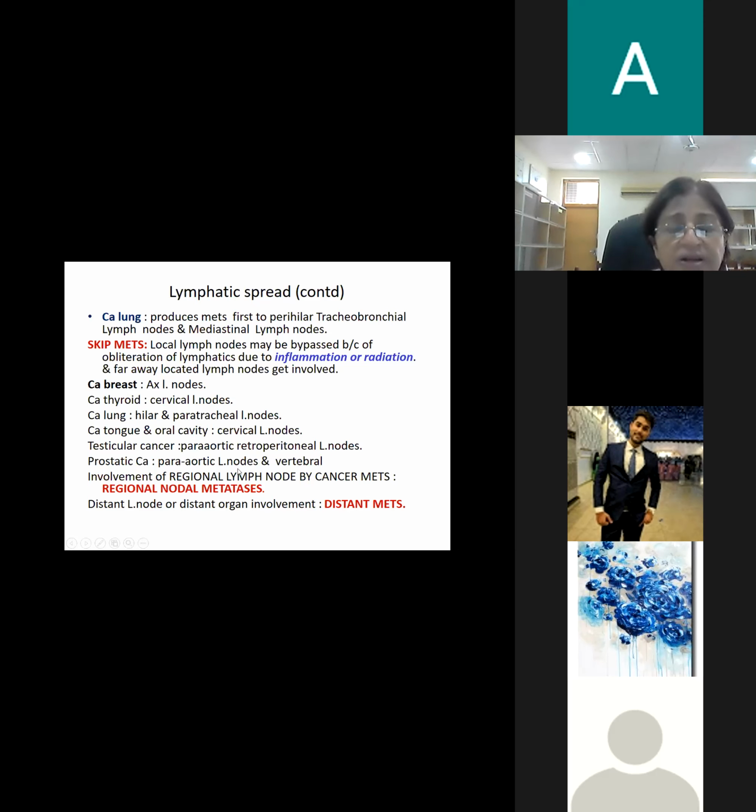Now, involvement of the regional lymph nodes by cancer deposits is known as regional node metastasis, and if the distant lymph nodes in the body or distant organ involvement occurs, these are known as distant metastasis. So regional metastasis are nearby metastatic deposits, and if they are far away, they are known as distant metastasis.